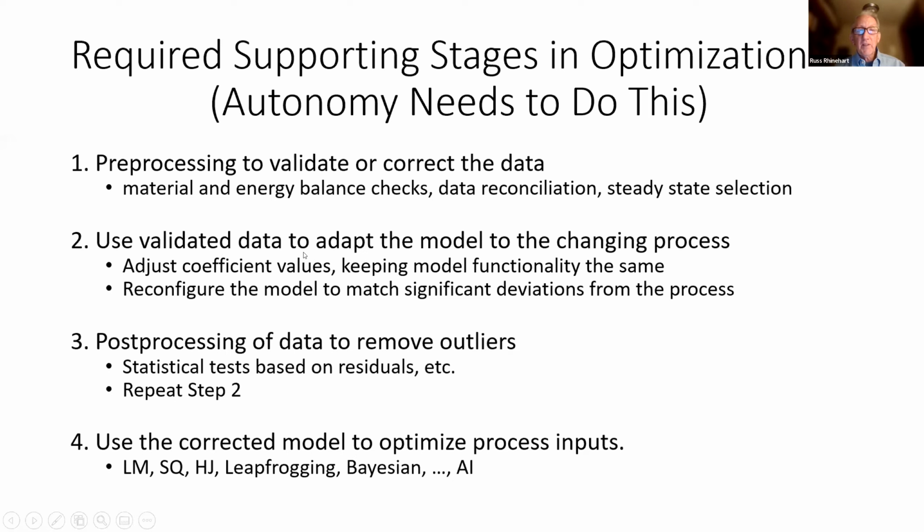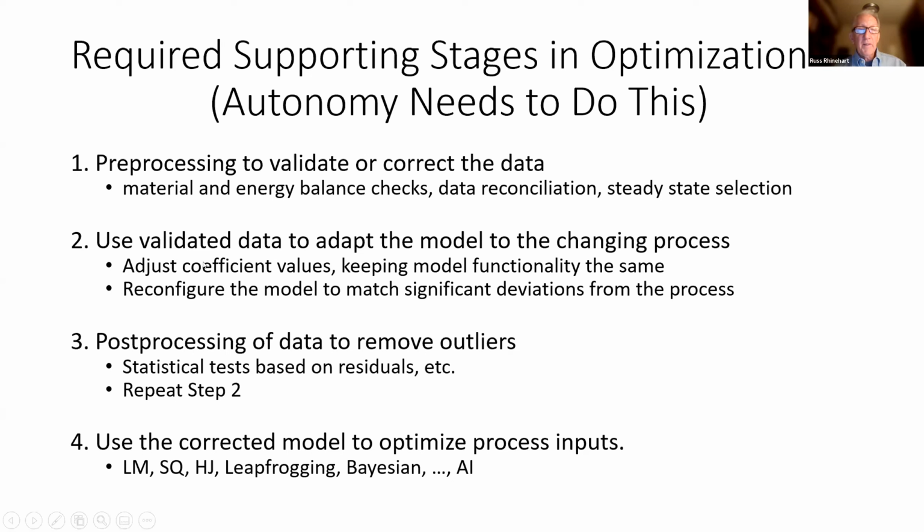And chemical processes are always changing, whether they're chemical or refining or food or materials or pharmaceutical, they're always changing in time, and we need to adapt the models to them. Once we have the adapted model, then we can do post-processing to remove outliers. If the process is changing, old data is no longer valid, and it should not be influencing the model.